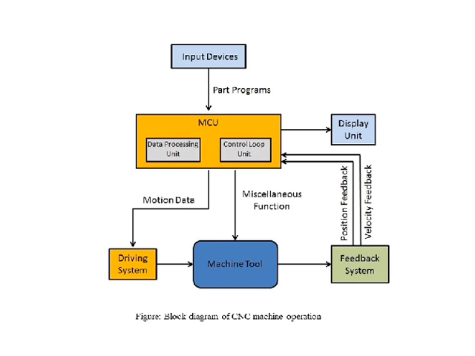The control loop carries out other miscellaneous functions such as coolant on and off. These will be fed to the machine tool. The data received by the driving system and the machine control unit are sent to the machine tool, and the machine tool sends back the feedback elements such as the position and the velocity, which are fed back to the machine control unit, so that this loop will be executed until the cutting tool and the work table are set to the desired position.